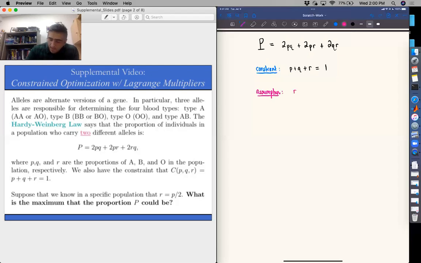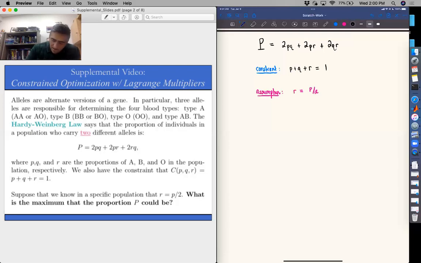We're just going to assume that R is equal to, let's just say, little p over 2. Full disclosure, the only reason we're doing that is so we can practice again a constrained example where we have 2 variables, 1 equation, and 1 constraint. So if we do that, we can use this information to reduce our problem into a problem involving 2 variables and 1 constraint. So let's see how this works out.